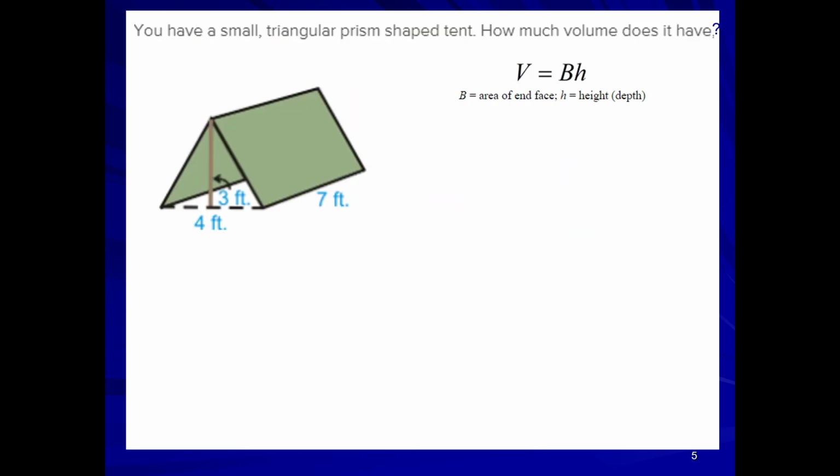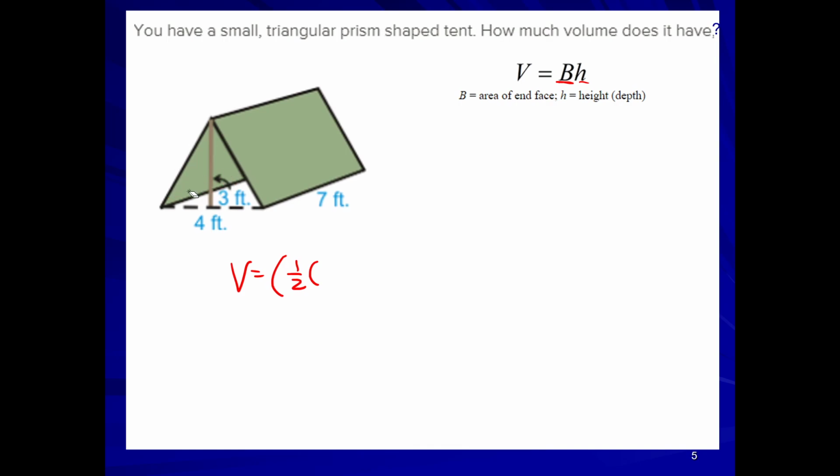Okay, a little bit harder would be a triangular prism. The formula for the volume of a prism is the area of the base times the height, or the length if it's laying down. Okay, so in this case, we'll assume that's a right angle. They are giving us everything we need to solve this. So the area of the face, well, that's a triangle, right?